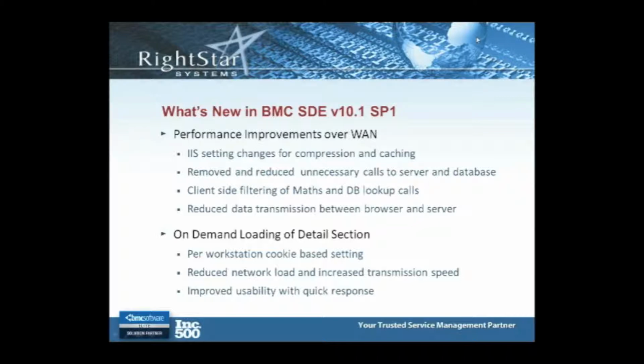Remove and reduce unnecessary cost to the server and database, just anything that BMC could do to improve the performance of the application. And also client-side filtering of math and database lookup calls. So as you know, with your alignability implementations, there's a number of client-side business rules in place with those implementations, and so these are all things that dramatically improved performance.